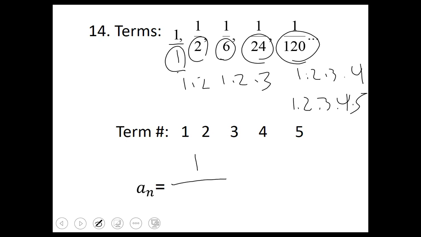You may or may not remember what that's called. It's actually called a factorial. The way that you show a factorial is you do an exclamation point. So the formula for this sequence is 1 over n factorial, meaning that the top is always going to be a 1 and the bottom is always going to be the factorial of whatever the term number is.